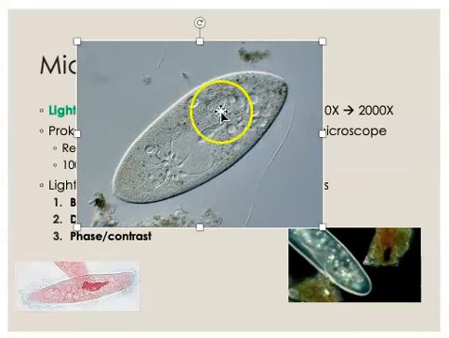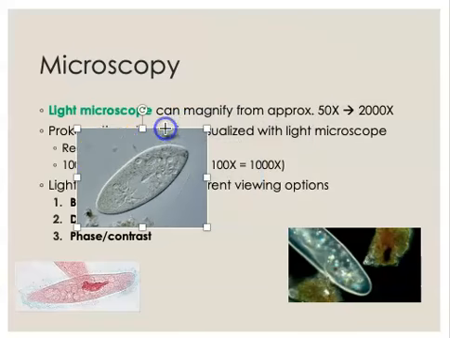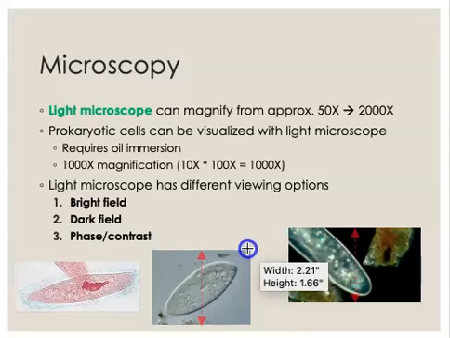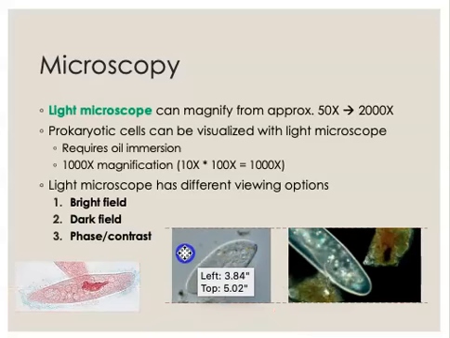Sometimes we just want to see it alive so we can see how it looks in terms of a living organism. Remember, most of the time we stain cells, and stain actually kills a living cell. So if we don't want to stain it, we want to keep it alive, phase contrast is a nice option for viewing that unstained cell.